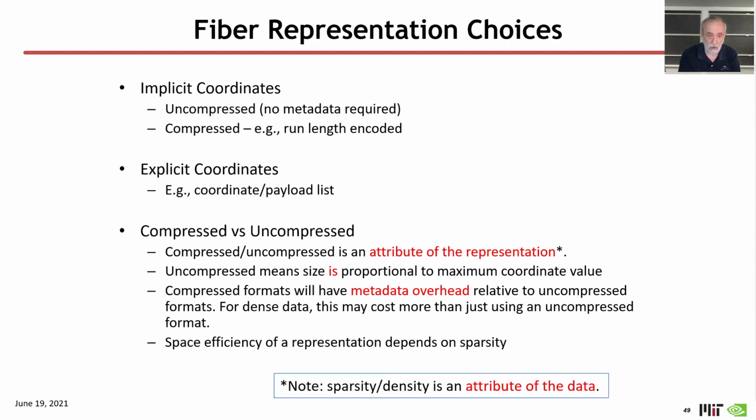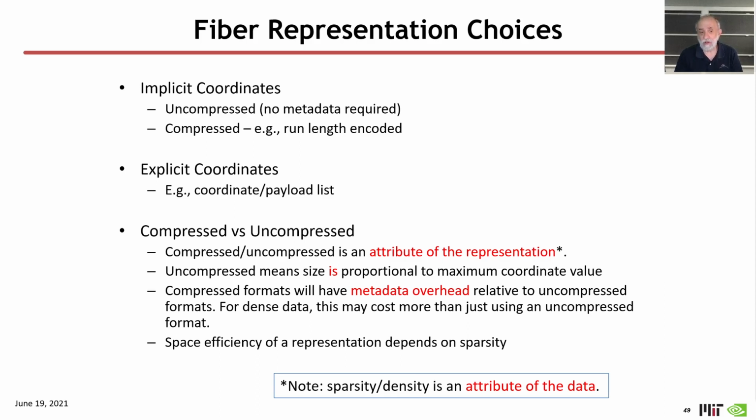Now, a nomenclature or terminology convention that I'm going to try and use here is that, as I said before, compressed or uncompressed is an attribute of the representation. I'm going to try to use the terms sparsity or density of a tensor as an attribute of the data.